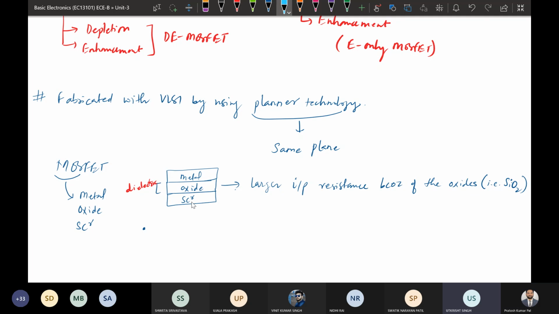Between two conducting plates there is a dielectric, so it behaves as a capacitor also. MOSFETs are going to behave like a capacitor also.